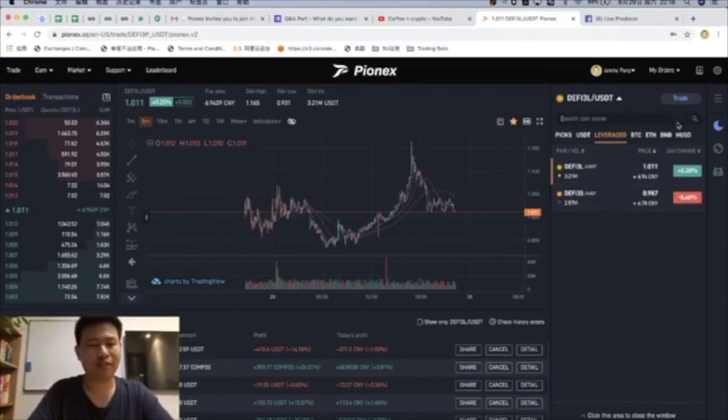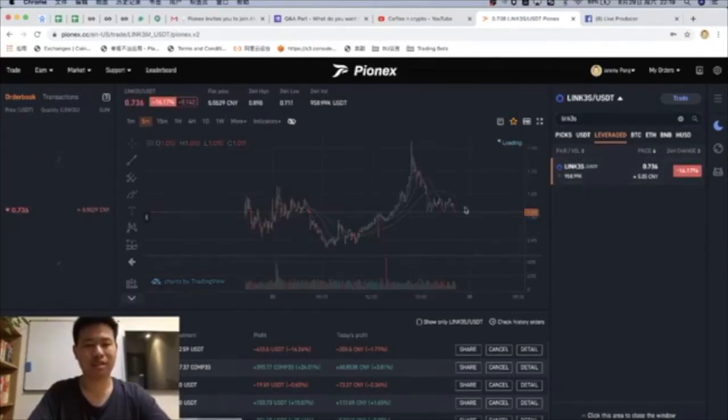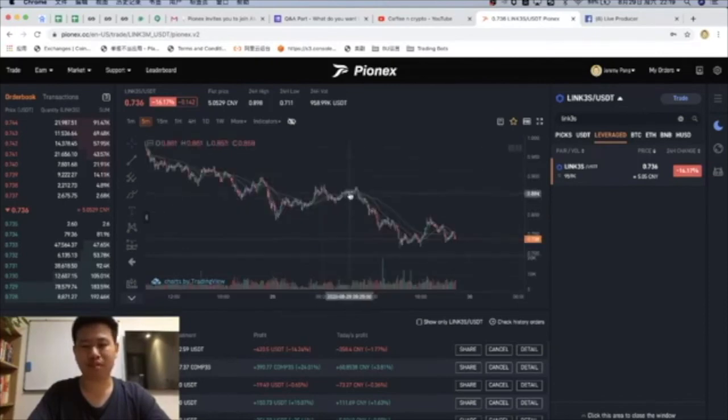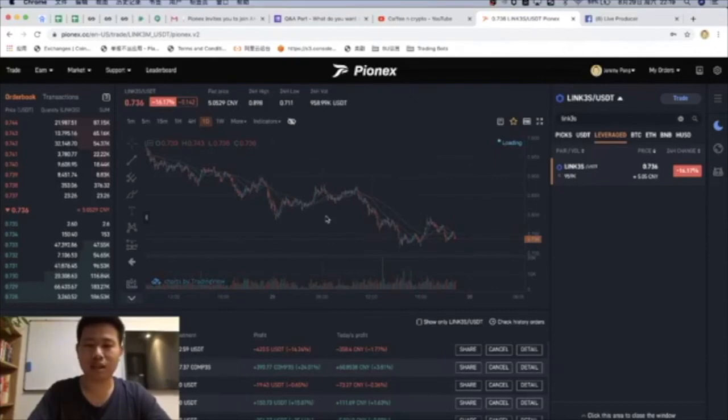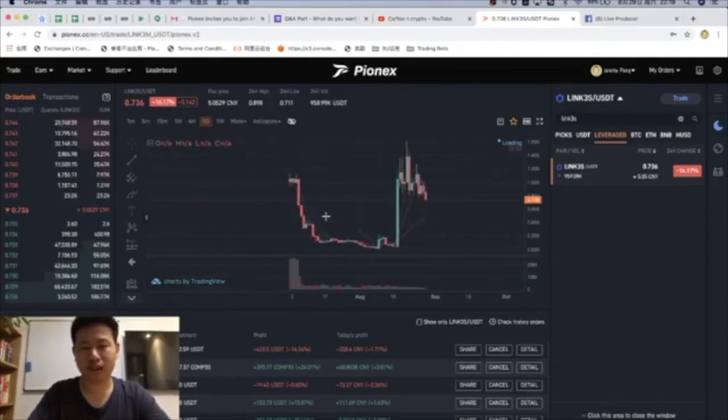I think. For example, if you have bought the Link 3S token, you may have lost quite a lot of money because it has been rebalanced so many times, and we can see the history of rebalancing.